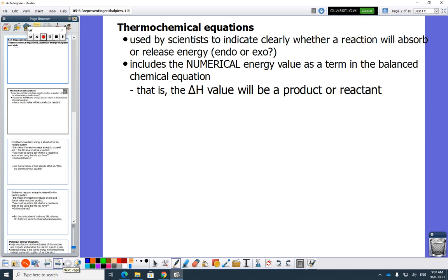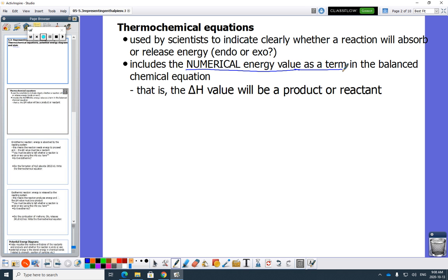So if you are asked to write a thermochemical equation, then that means that you are adding the energy value as a term in the balanced chemical equation. So it's either going to be a product or a reactant. It's easy to think of when you think of endothermic. Endothermic reactions absorb energy.